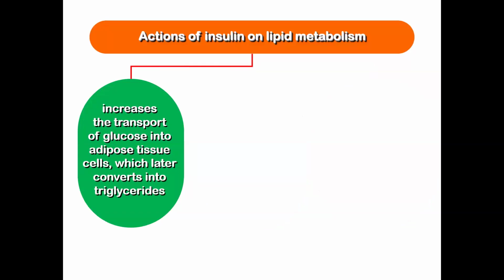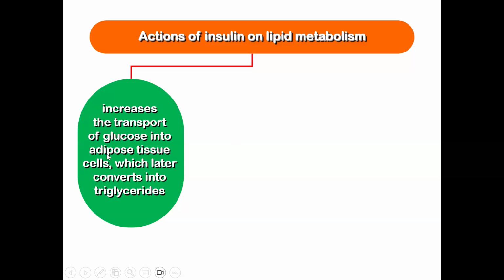Then on protein and lipid metabolism, we said that insulin is an anabolic hormone, and it will stimulate the synthesis and the storage of the lipid stores. So how does it increase the synthesis and storage of lipid stores? It will increase the transport of glucose into the adipose tissues. Adipose tissues are the fat tissues in our body.